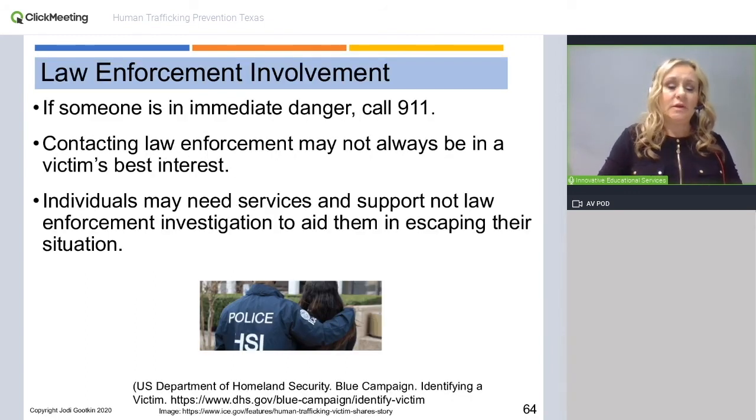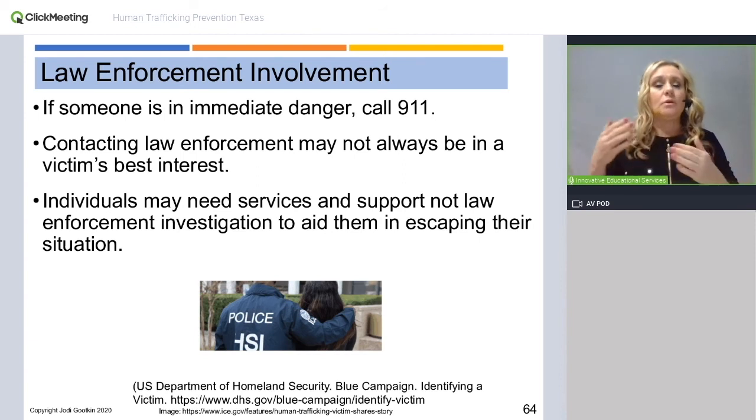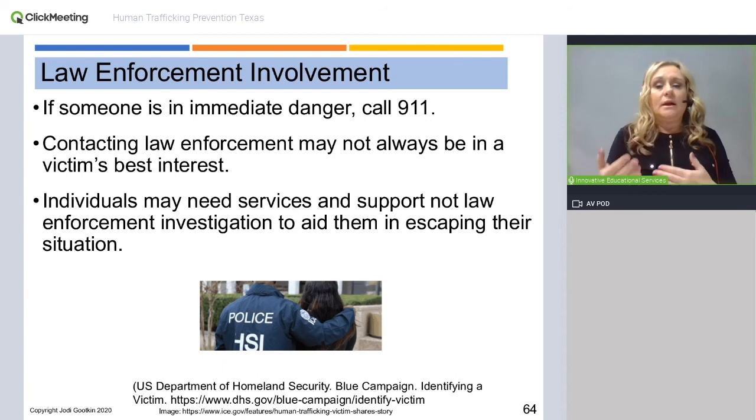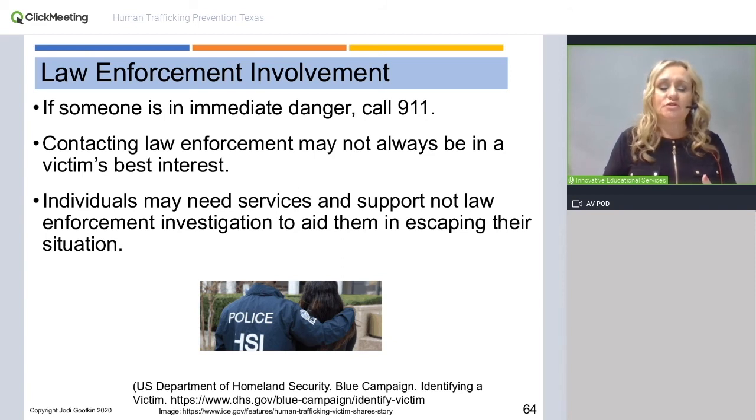As we consider whether or not to call 911 or utilize some of the other resources that we'll discuss for assistance, if there is immediate physical harm that is a concern and immediate danger, 911 would be the call to make. However, calling law enforcement may not be in the best interest of the individual who is the victim of trafficking.